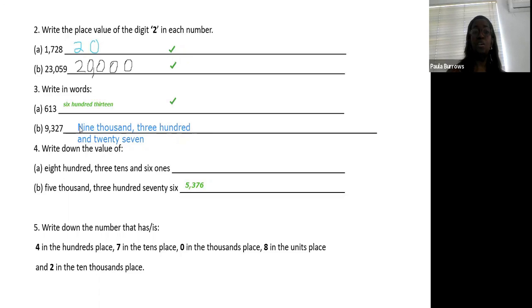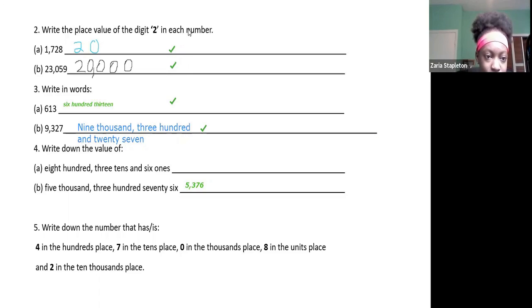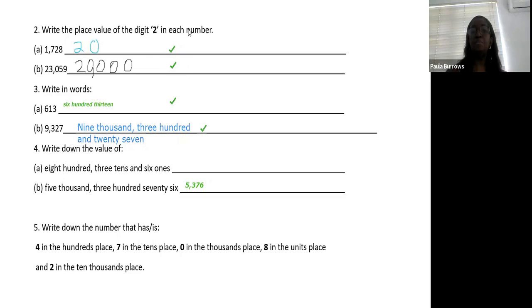This is Zaria B, 3B. I'll give it to you. No, that's Malente. I'll give it to you, but technically you don't need this word here. Can you tell me why?